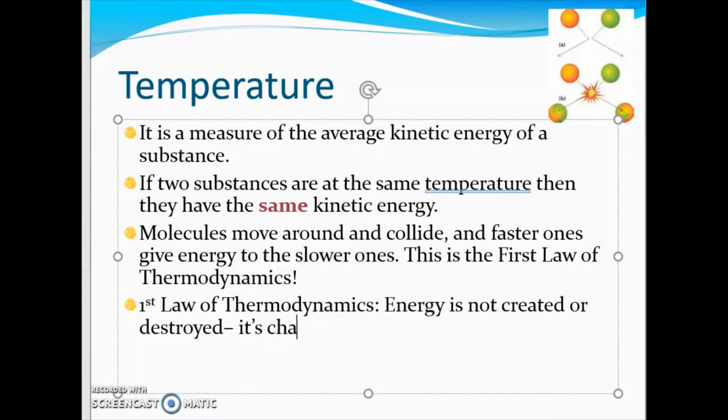It's changed or converted. So I can change energy from the energy of motion into potential energy. I could take energy and put it into a chemical bond.